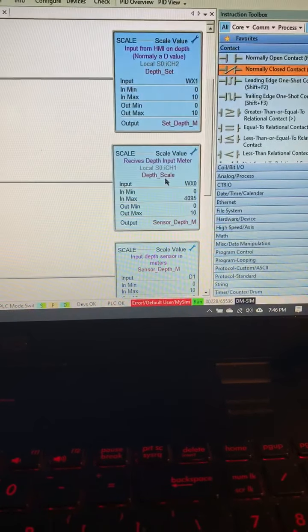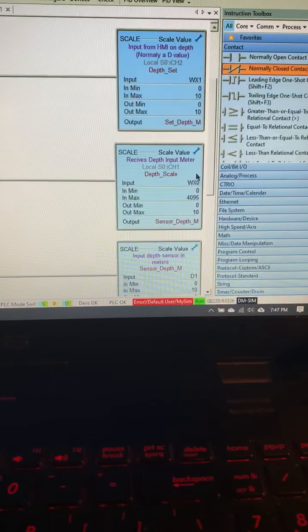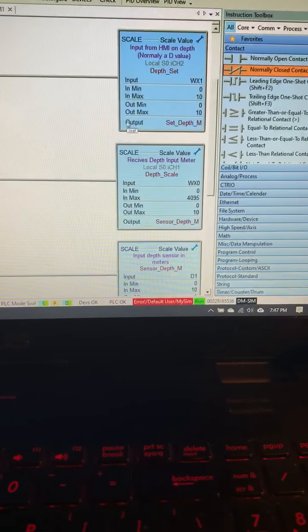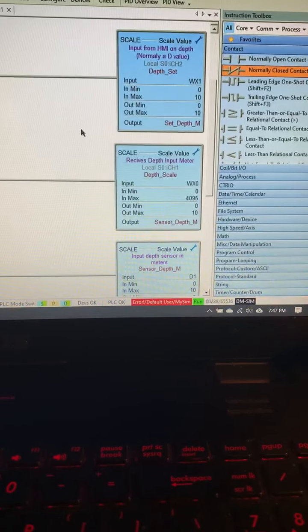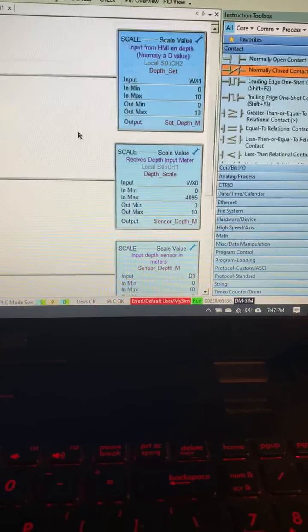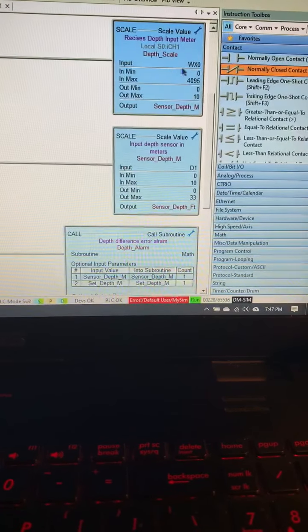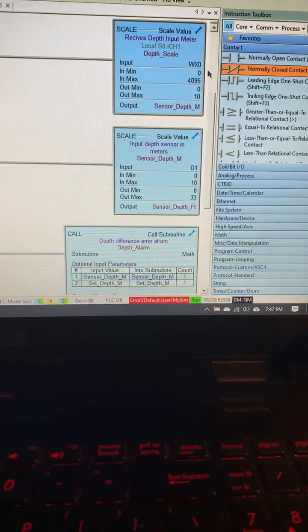The next one down receives this value just so we can have it in the simulator. Normally you wouldn't need this. Next one down is the actual input from the sensor.